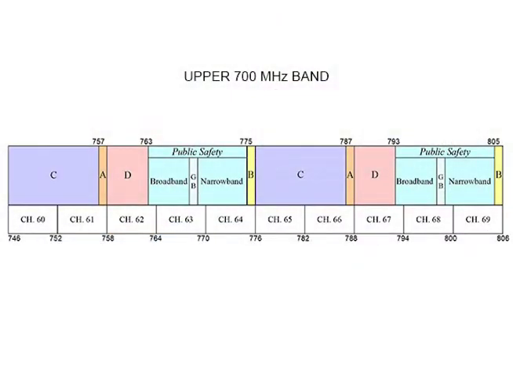The upper 700 MHz band was allocated as matched blocks of upload and download spectrum, with block C at 11 plus 11 MHz, block D 5 plus 5, blocks A and B at 1 plus 1, plus 12 plus 12 MHz for public safety.